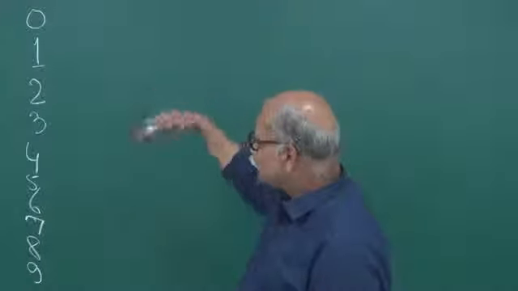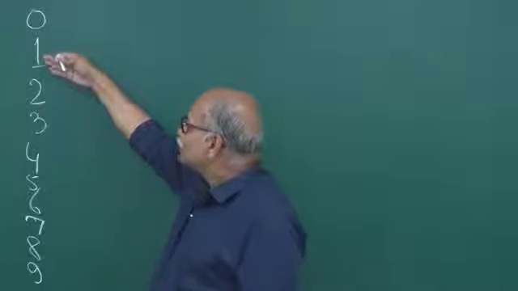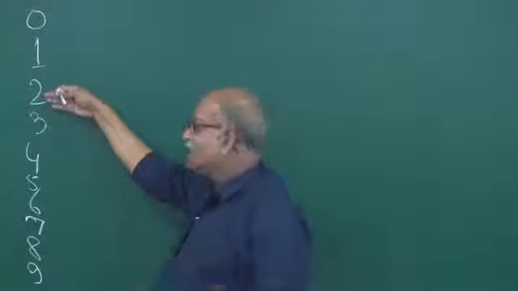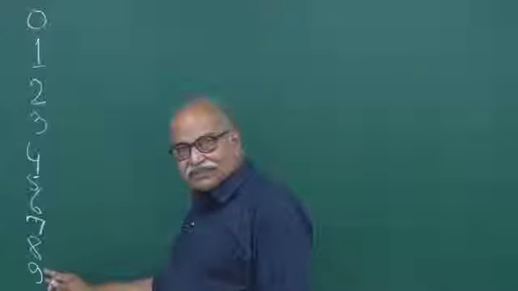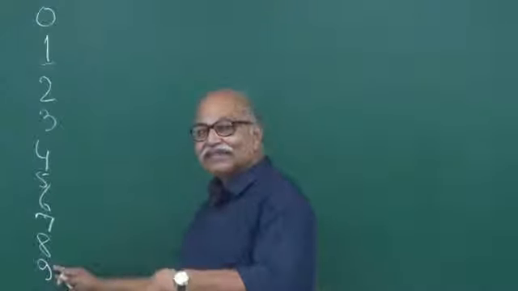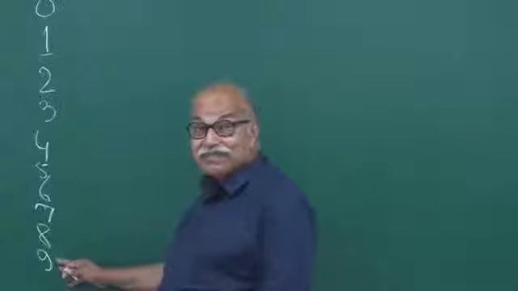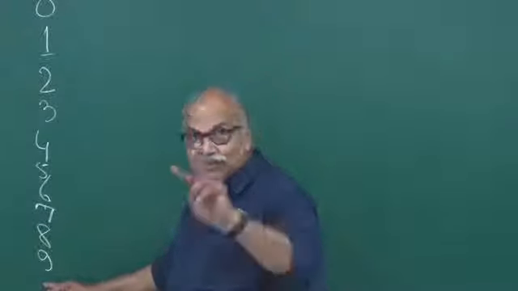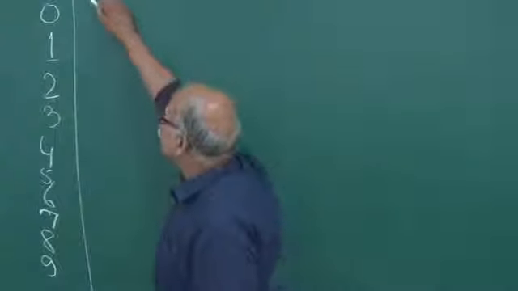You start with no flower, call it 0, and then 1 flower, you add 1 more, you say now you have 2 flowers, add 1 more, you say you have 3 flowers, and so on. Once you have 9 flowers and you add 1 more, you are going to the next number, and for that you don't have a symbol, and therefore you use 2 of these symbols, and those 2 symbols are 1 and 0.